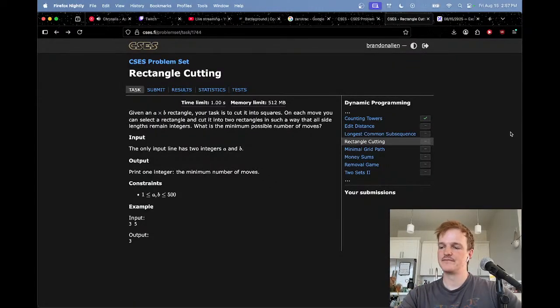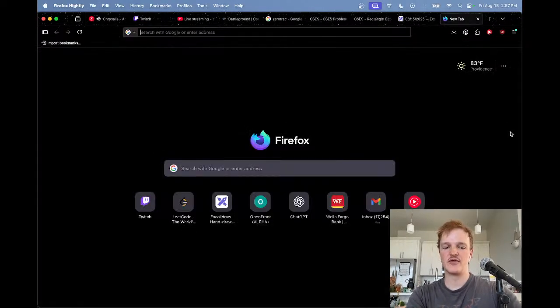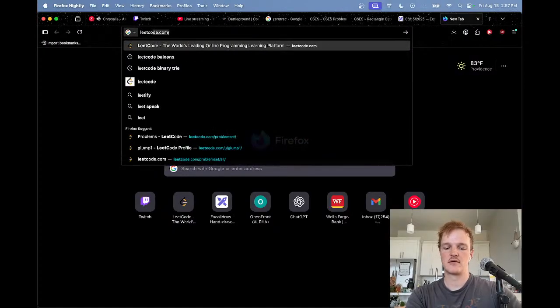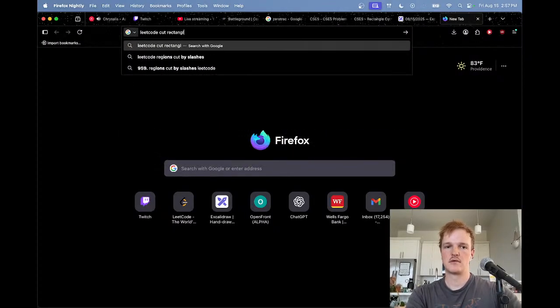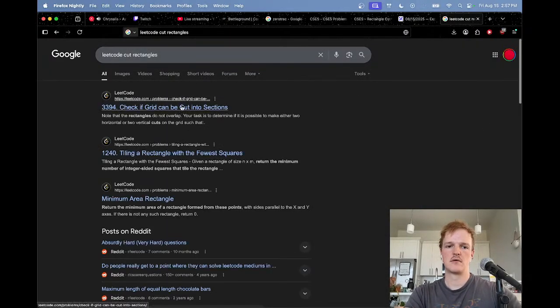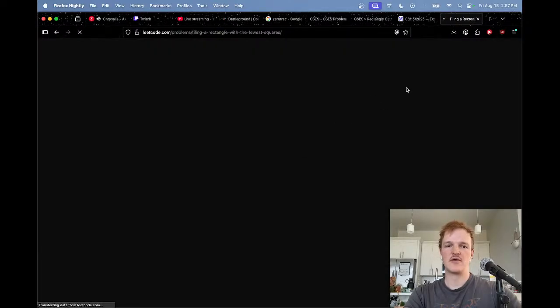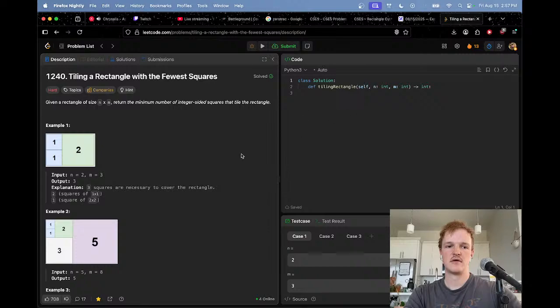Maybe this is cheating, but I feel like there's a Leetcode problem that's basically this. And then the question is, have I done it? Okay, I've done this. Return the minimum number of integer-sided squares that tile the rectangle.